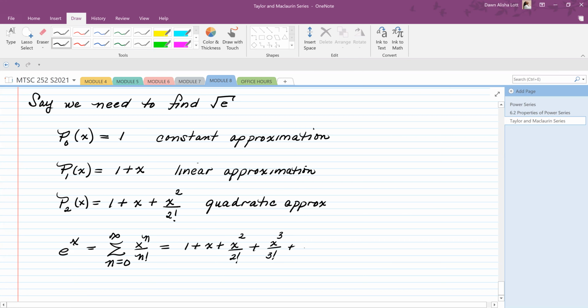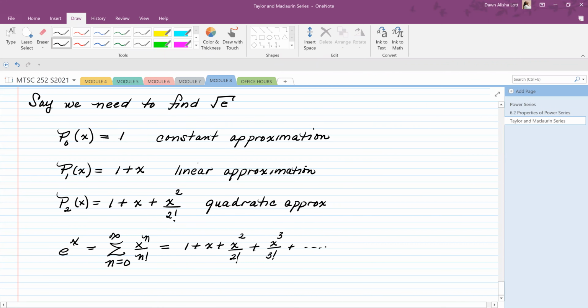Obviously, you can see that just by taking the first term, or the first and second term, or the first, second, and third term, those are not the best approximations, but they are some approximations. Okay, so therefore I can use the Taylor series, which is for us the Maclaurin series, to approximate this.